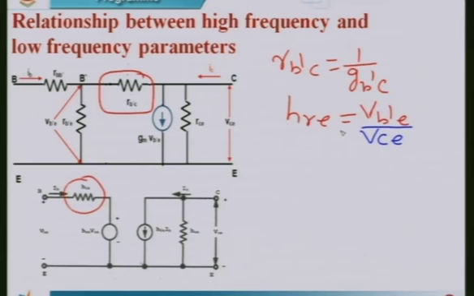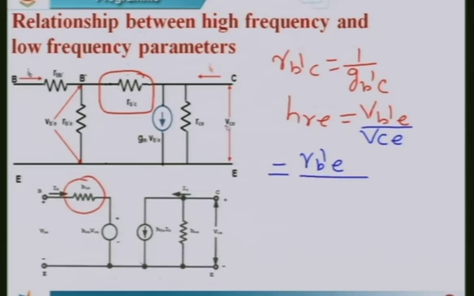Then what is the voltage drop across rb'e? From the circuit analysis, if this is driven by vce, then vb'e is the voltage drop across rb'e divided by the total resistance.